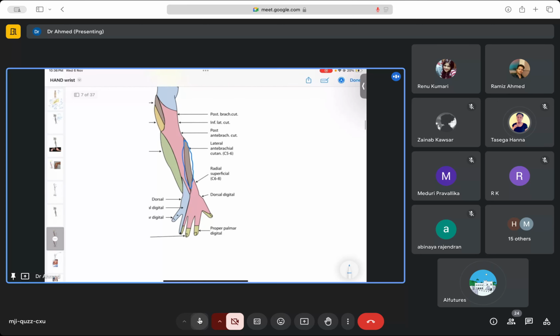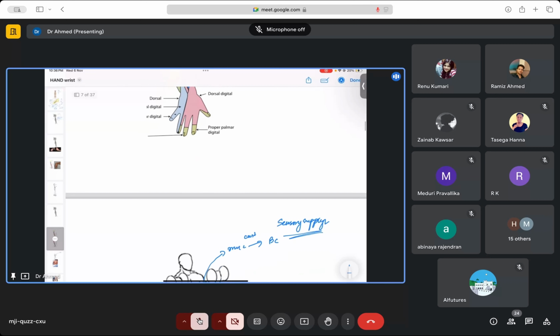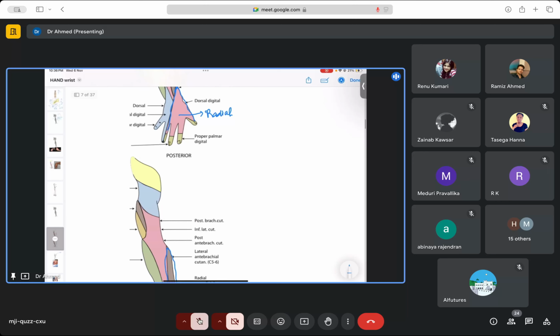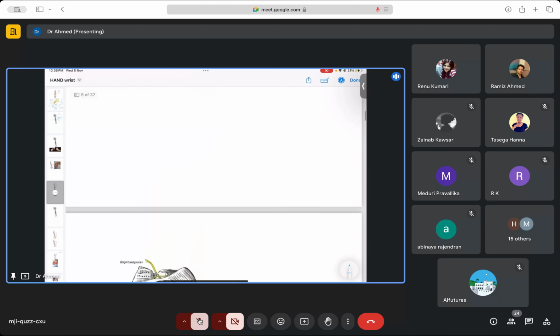So if someone has damage to the musculocutaneous nerve, you are going to see weakness of the biceps muscle, as well as loss of sensation on the lateral side. So these were the nerves which supply your arm as well as forearm.